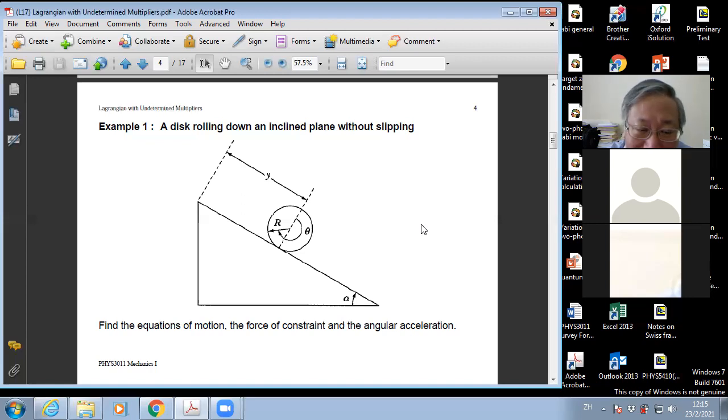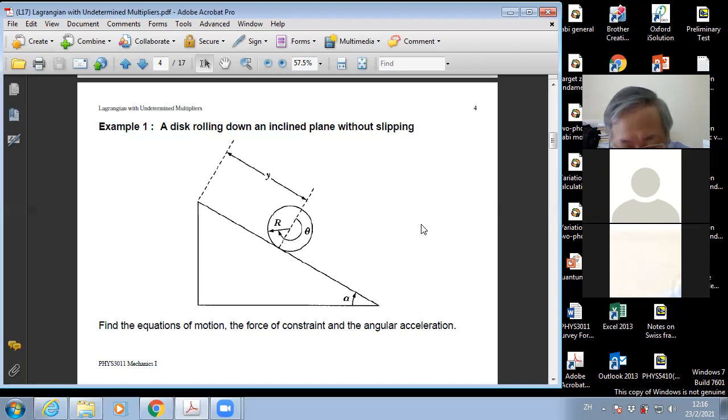I think the first step is to draw a free body diagram and decompose the force, say along the plane and normal to the plane. Then we could use net force equals ma along the plane, the Newton's second law, and we can also use the torque version of the second law to do similar things.